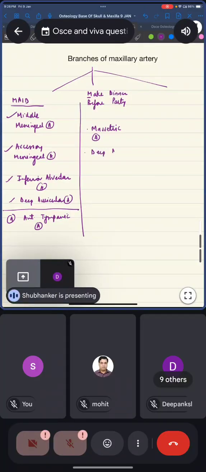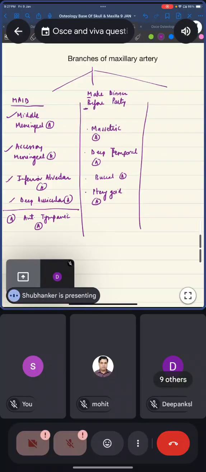D stands for deep temporal artery. B stands for buccal artery. And P stands for pterygoid artery. Okay.